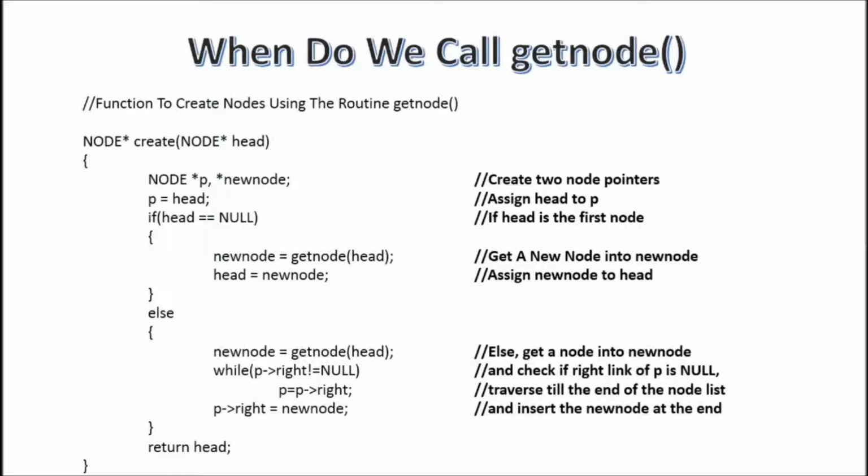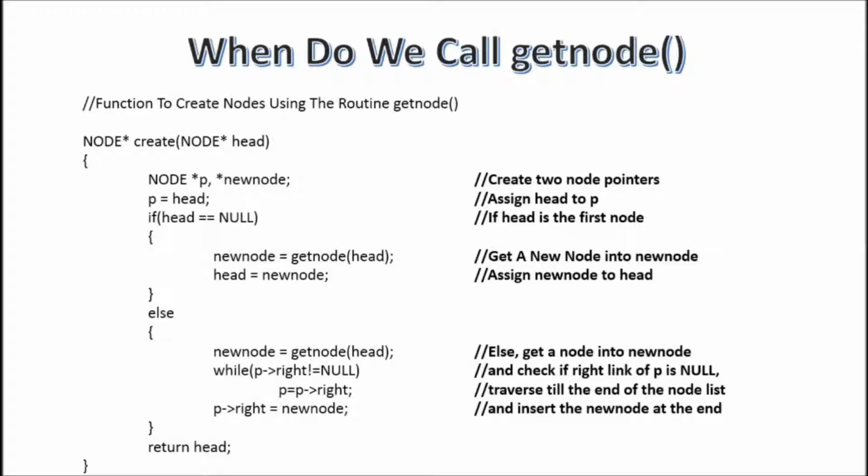So if head double equals null, this basically checks if this is going to be the first node of the linked list. Then we do new node is equal to getnode of head. Remember getnode that we just discussed earlier. If you want, just go back and rewind and check that out again. And then we say head equals new node. Here head is the parameter that we received, so we check if head equals null.